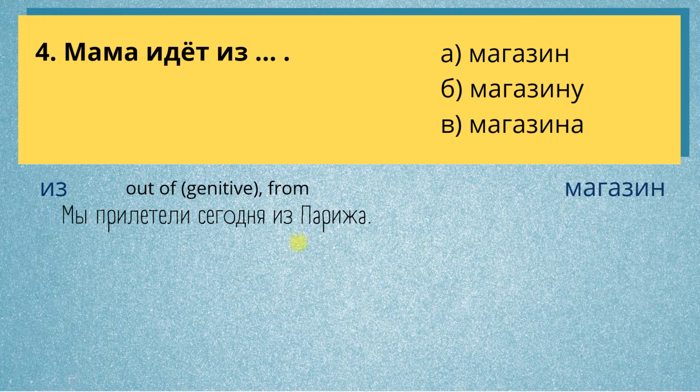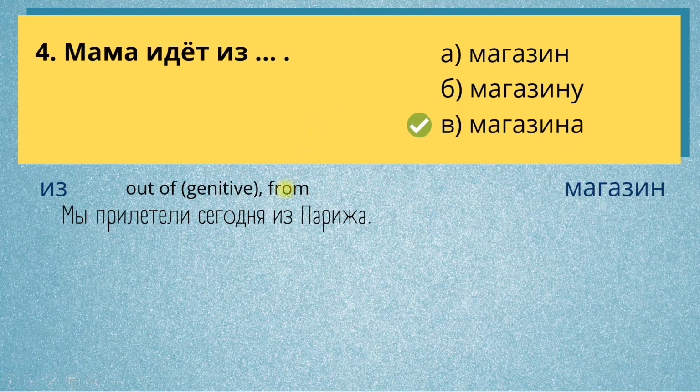Магазин and Париж, they're male nouns, and we will have из магазина, from the shop. The ending in genitive case for male singular form would be a. Мы прилетели сегодня из Парижа, and мама идет из магазина.